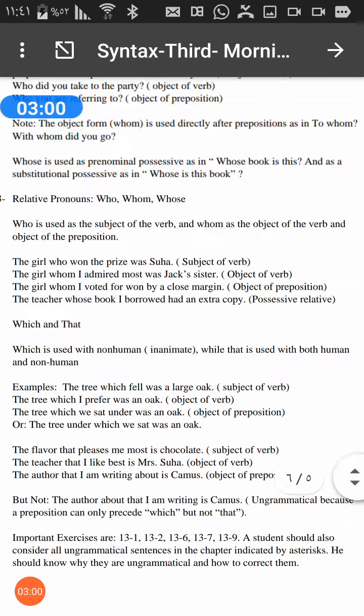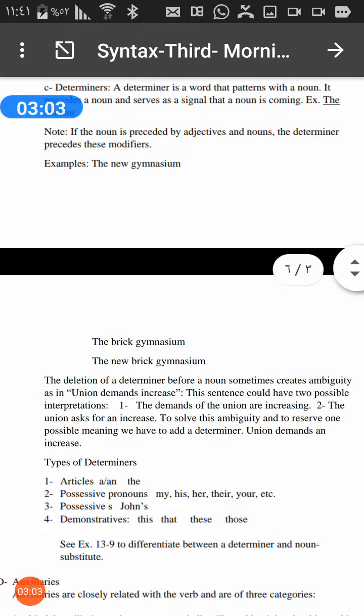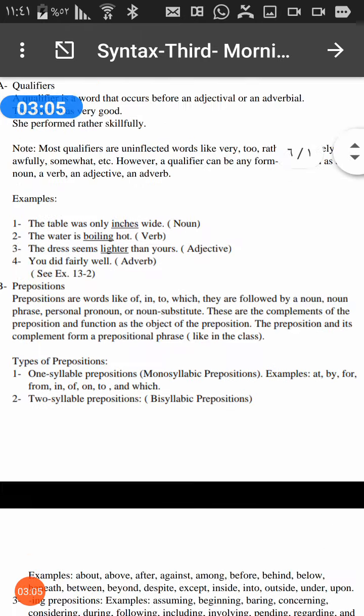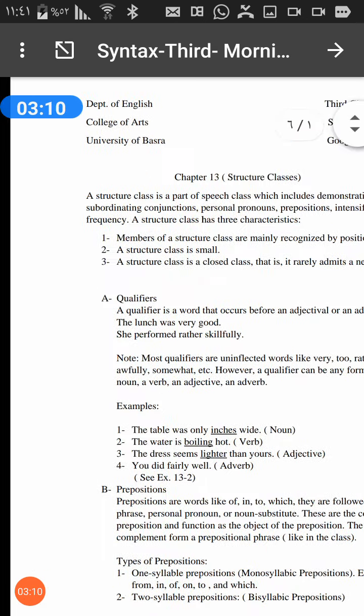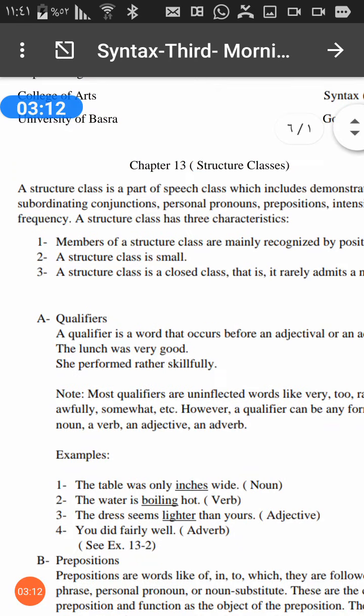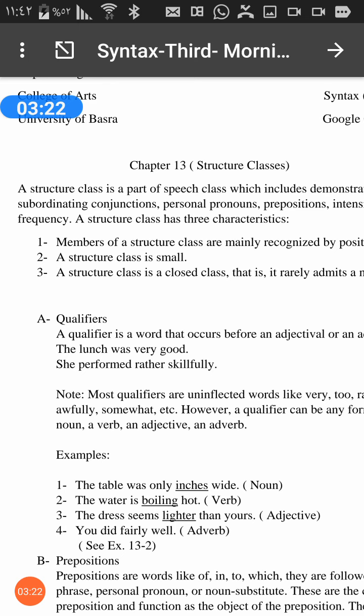Now I am going to make a summary for the whole chapter. The chapter is entitled Structure Classes. As we said, parts of speech are classified into two classes. The form classes, classified by form, include nouns, verbs, adjectives, and adverbs.